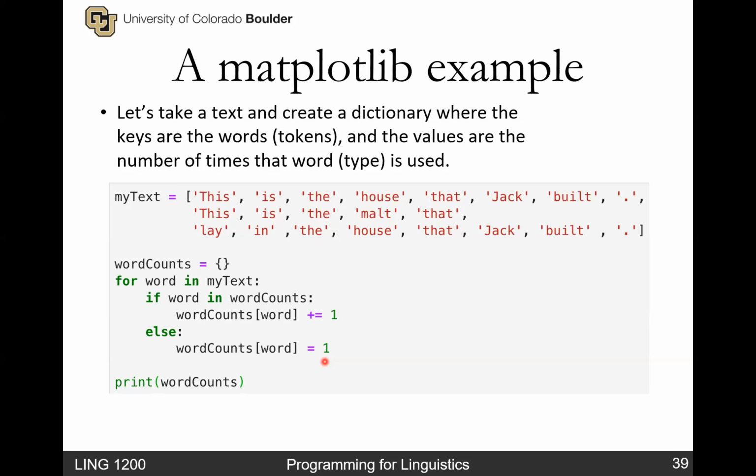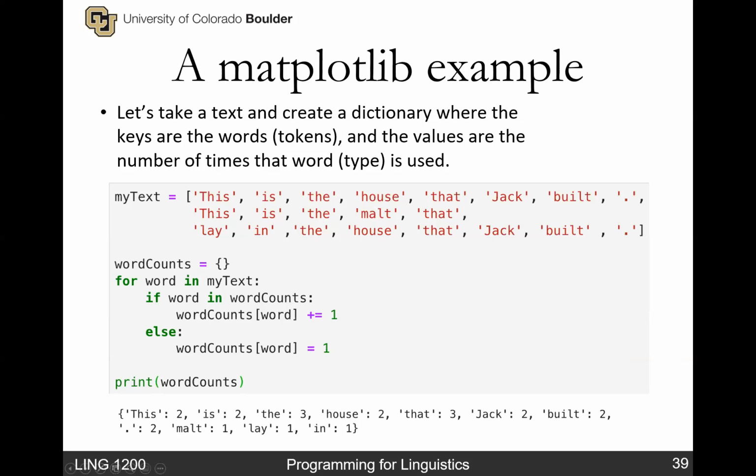When we run that loop and then print out our dictionary, this is what we get. So our key value pairs, the key is the string, the word, the type, and the value is the number of times that type occurs. Okay, and notice we're including the punctuation in this case. We just won't bother taking it off. Keep it simple.